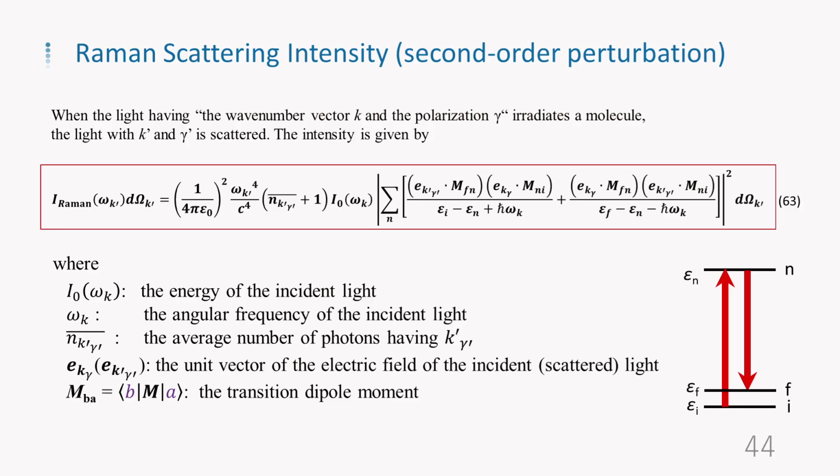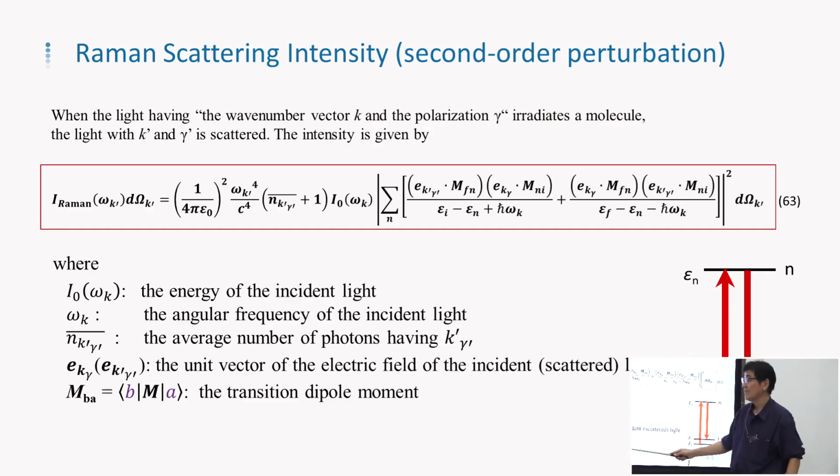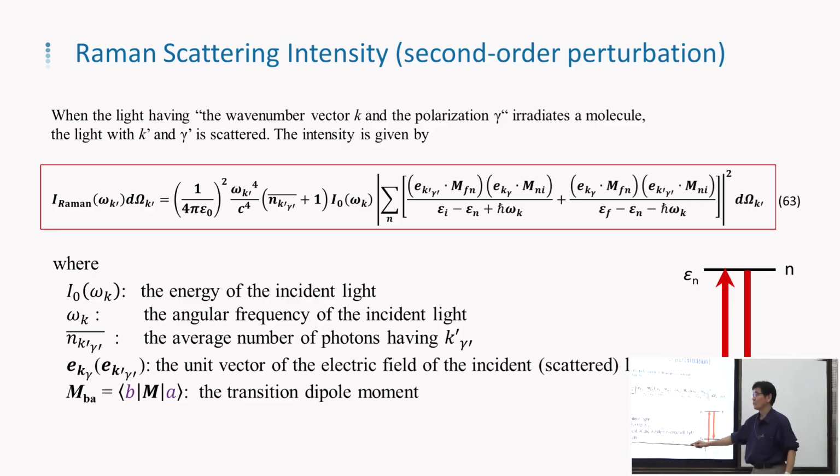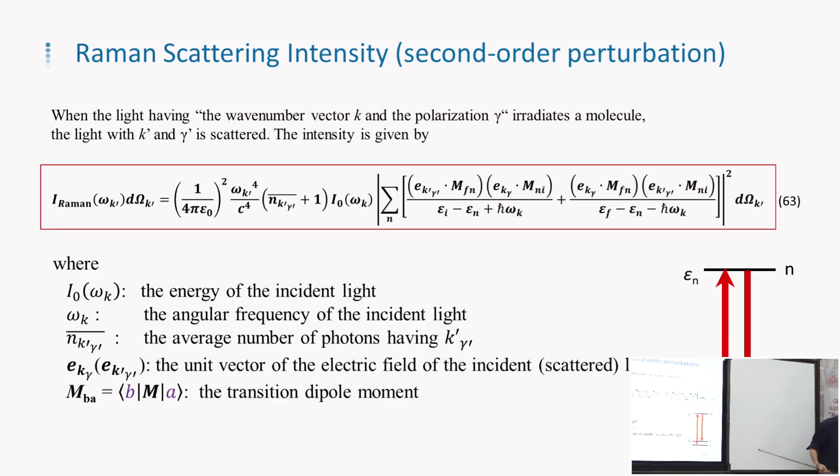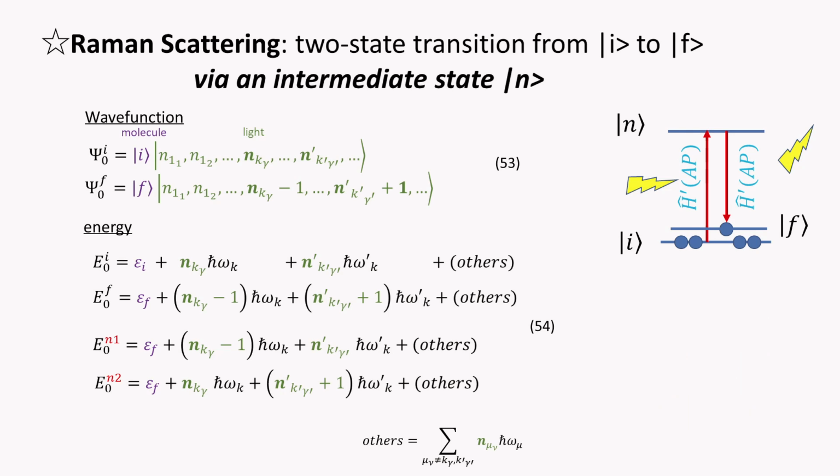e_k gamma and e_k prime gamma prime are the unit vectors of the electric field of the incident and scattered light. And again, M_BA is the abbreviation of the integral of B M A. This is the so-called transition dipole moment from state A to state B. It's difficult to explain at once.